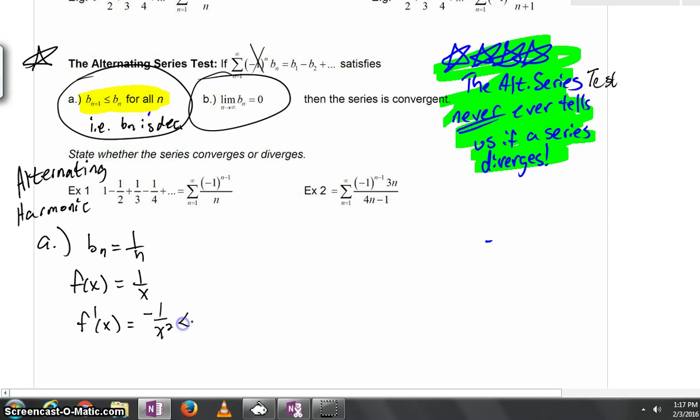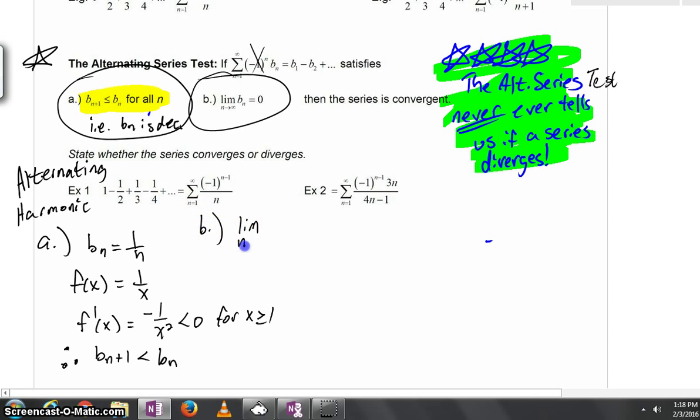Negative 1 over x squared, which clearly is negative, right? For x values that are greater than or equal to 1. Therefore, b sub n plus 1 is less than b sub n. My function is decreasing. That means term by term by term, I will be getting smaller. That's condition A.